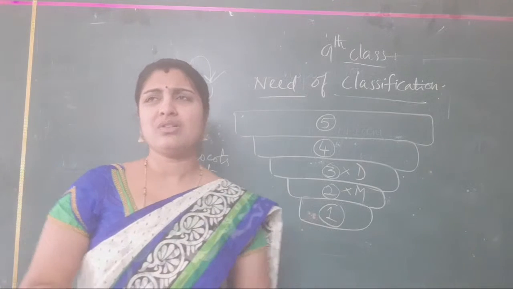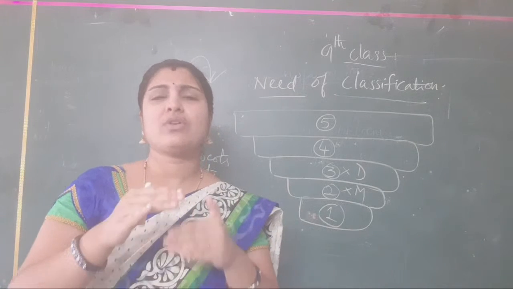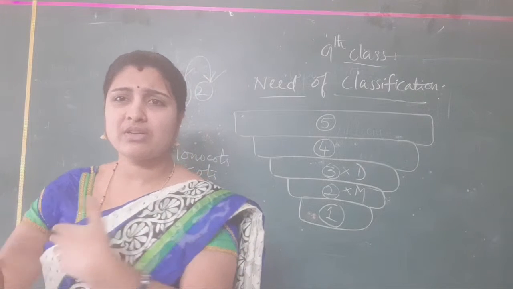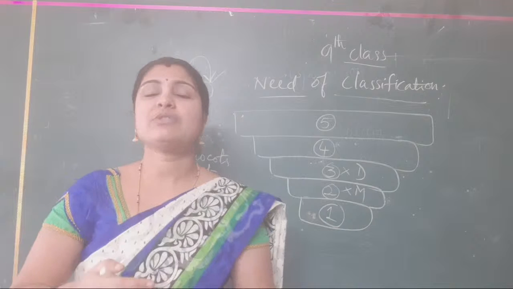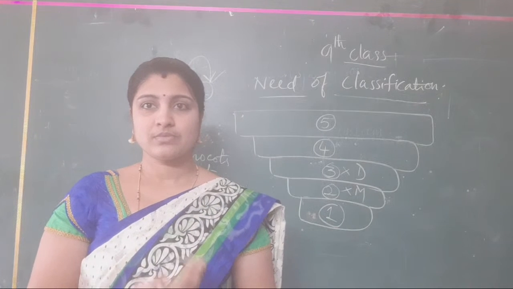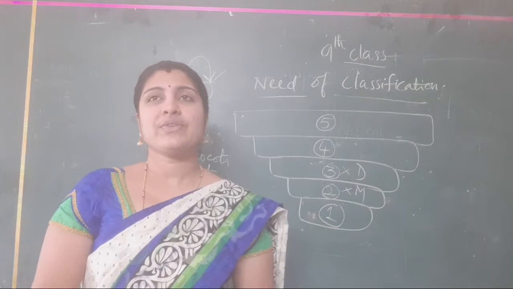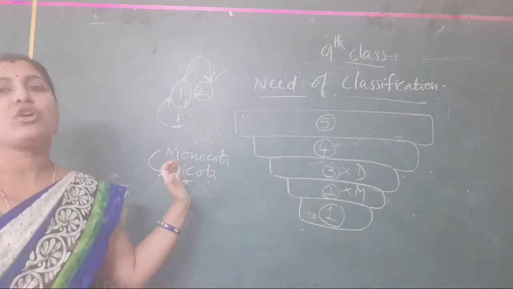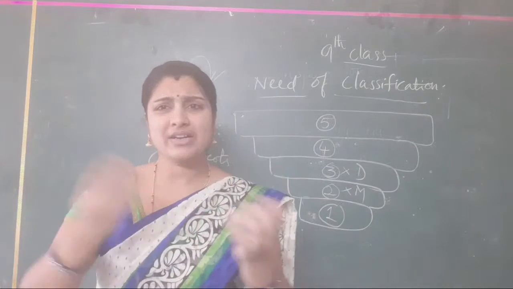Centuries back, there was no organism present, only some organisms. From those organisms, one by one, organisms have evolved, means generated and produced like that. So as dicots are highly evolved, we can say they came from monocots with some special characteristics.